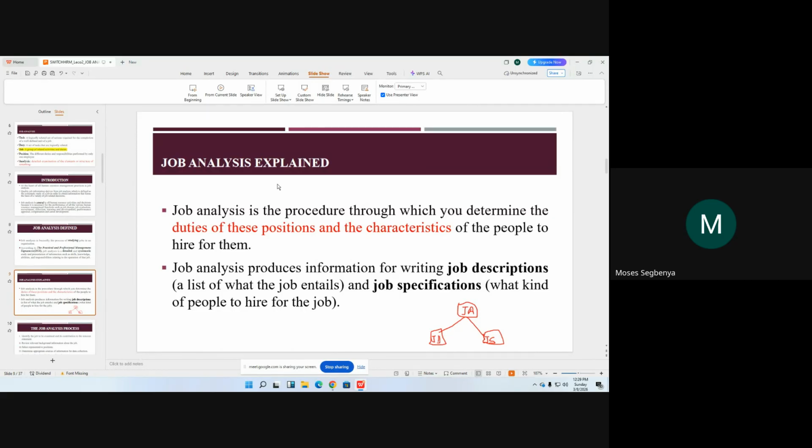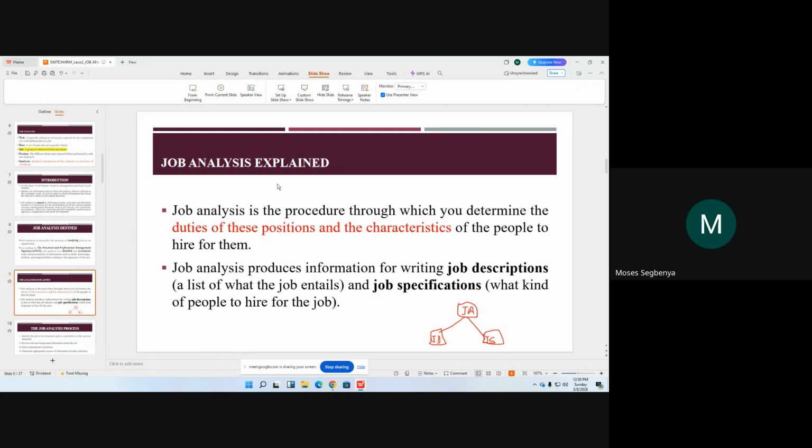And then the right-hand side will be asking, which caliber of person do we need to do this? So basically, you are asking yourself, what qualification, experience, or human characteristics would the person need to be in the position of the headmaster? So job analysis will provide you two pieces of information, which I have described at the left-hand side and right-hand side.